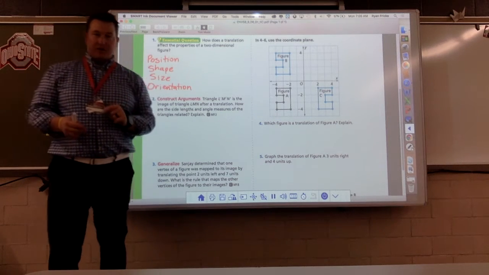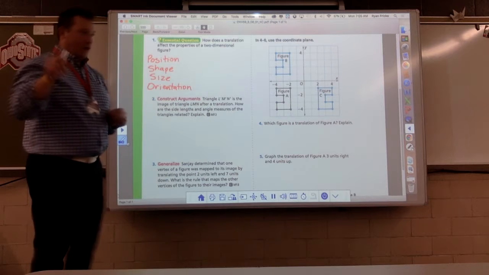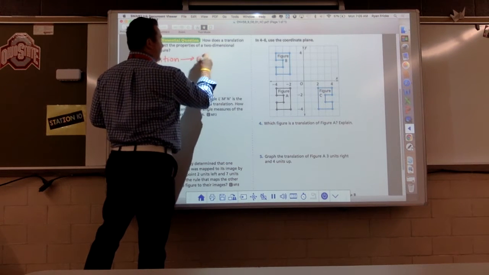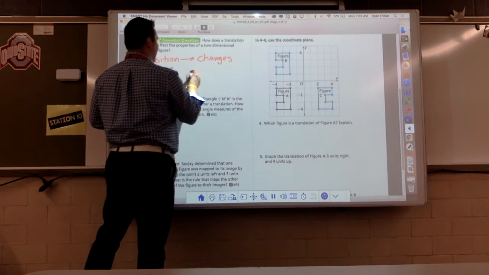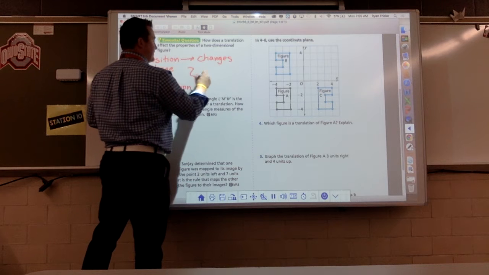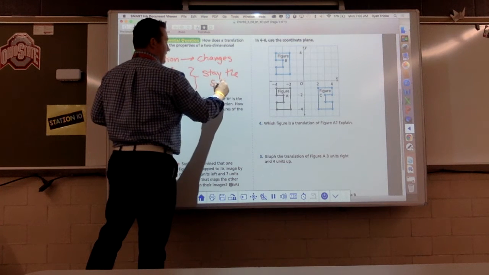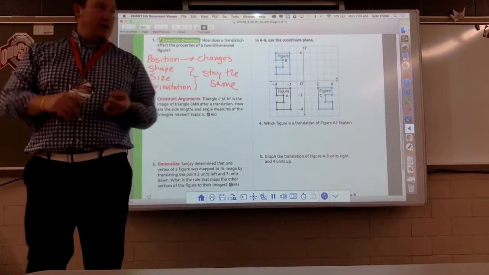Can you identify which one changes and which three stay the same? The position does not stay the same. This is the one that changes. The rest all stay the same, as we learned in example 3.